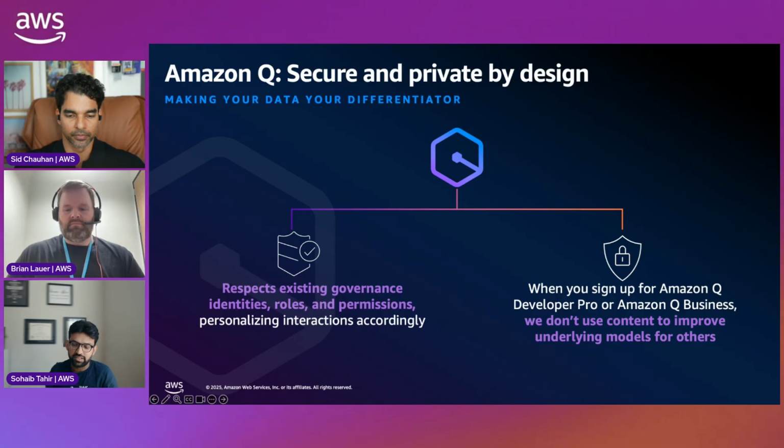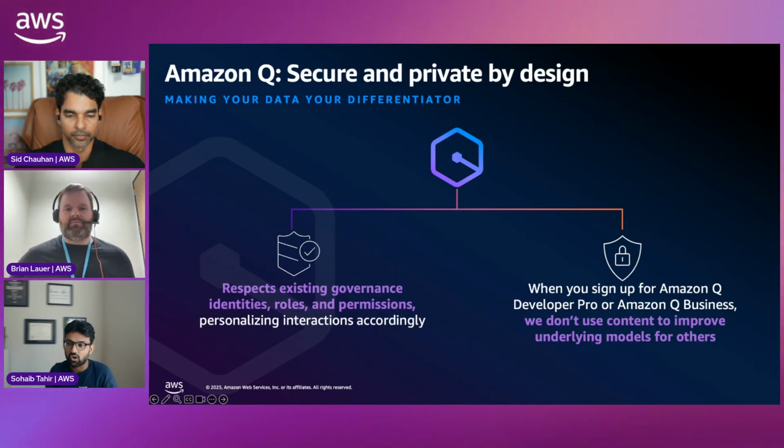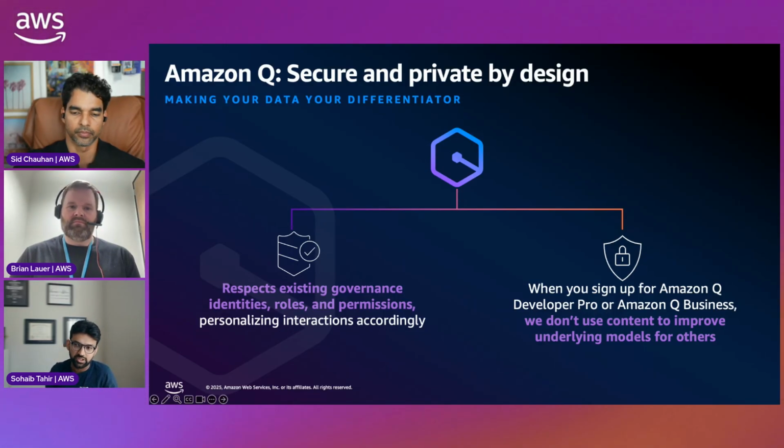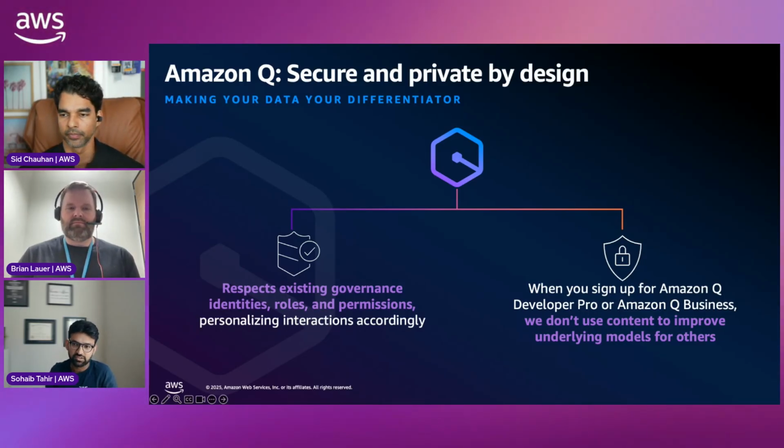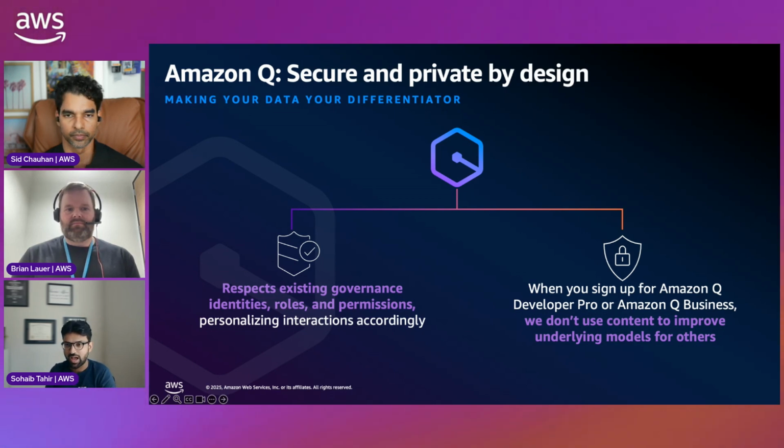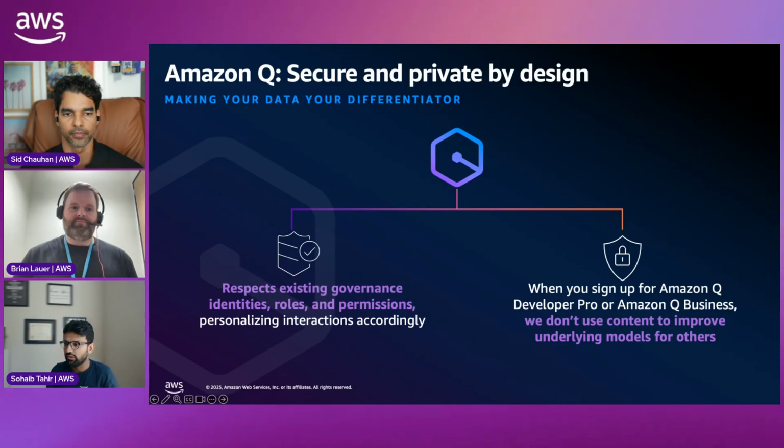And Q specifically, since we're going to use it a lot, respects your existing identity roles and permissions. For example, if you are assigning IAM permission to a user who's going to use Q Developer, Q Developer will only have access to capabilities that IAM role or IAM user permissions allow that user to have access to. So it respects that policy and IAM permissions. And we'll show you how that works.